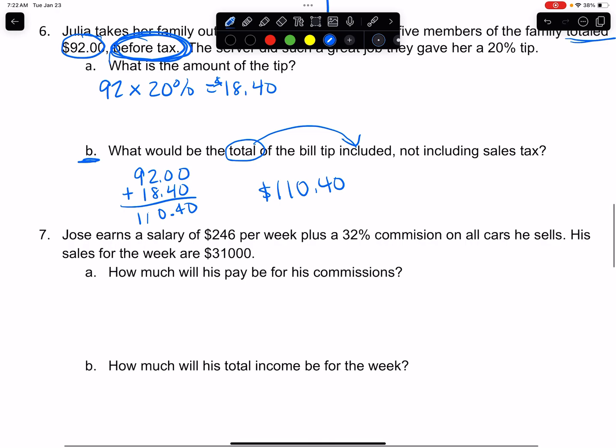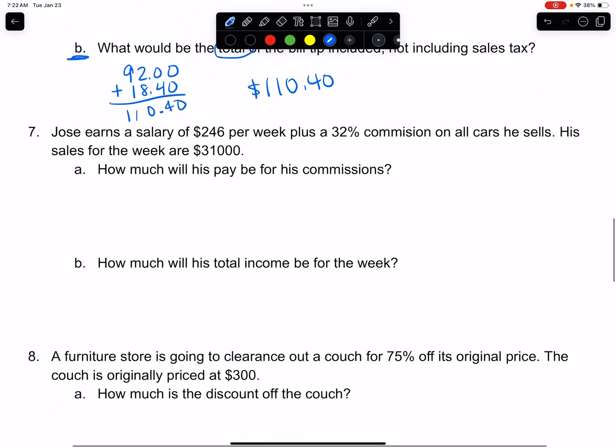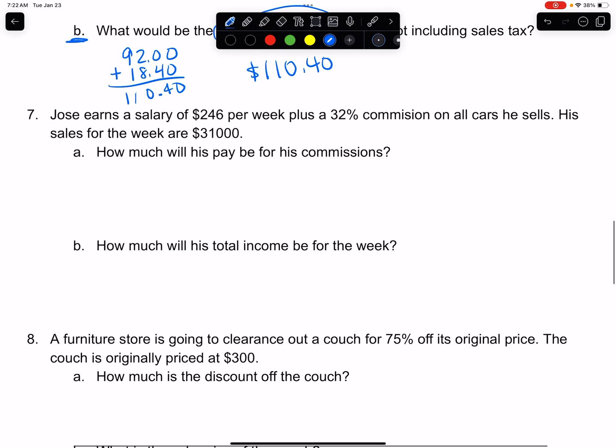All right, let's go to number 7. It's almost our last one. It says Jose earns a salary of $246 per week plus a commission on his sales for the week. So this is where we need to understand what sales is. He earns $246 a week. That has nothing to do with percents. That is added on later.